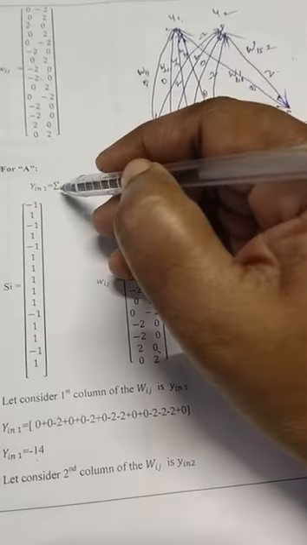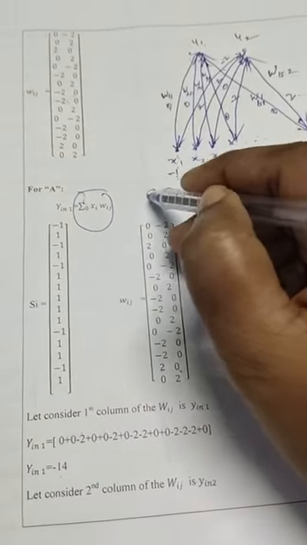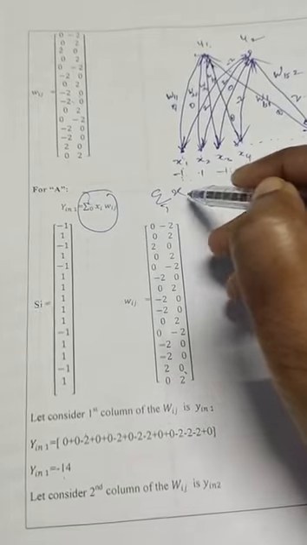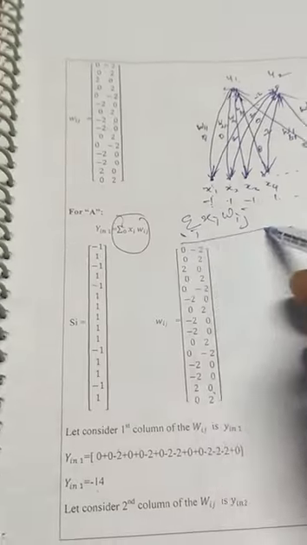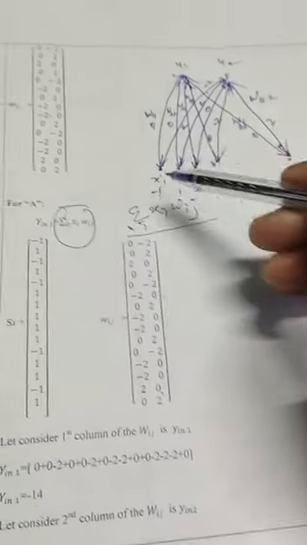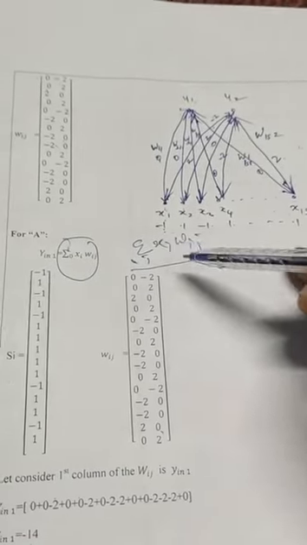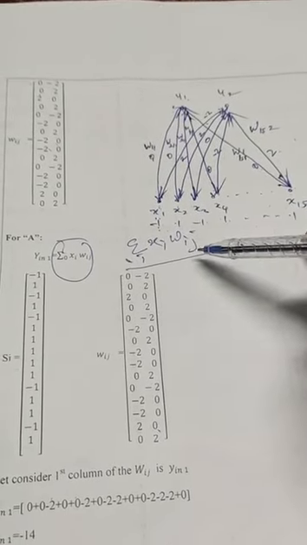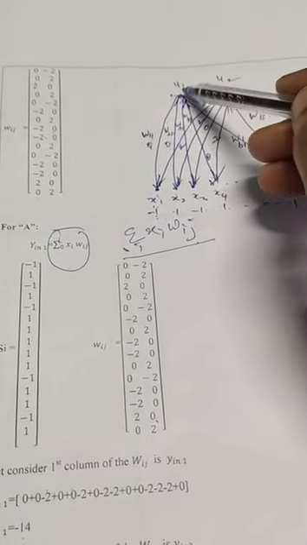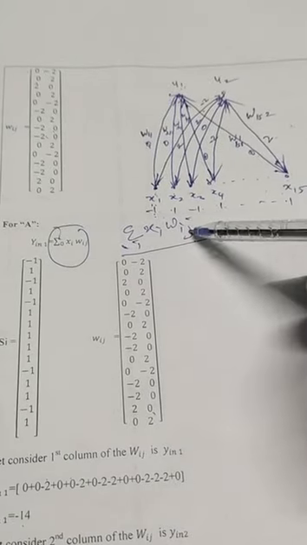Since we are calculating the net input of the first neuron, j is always 1.